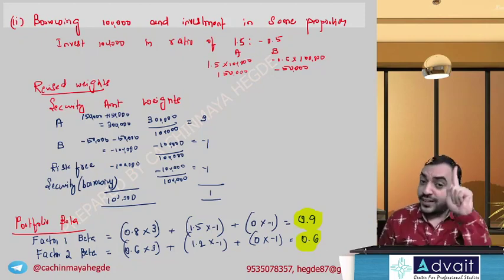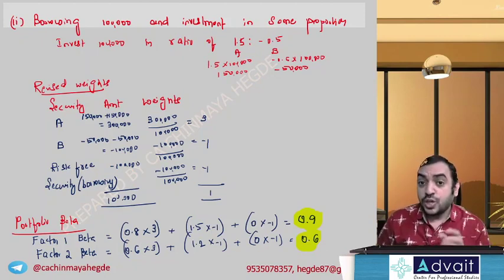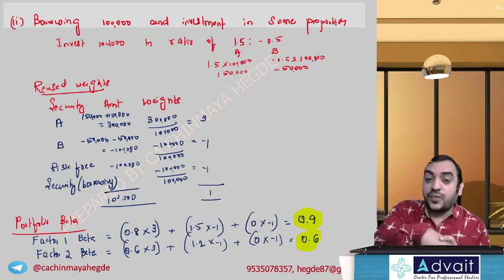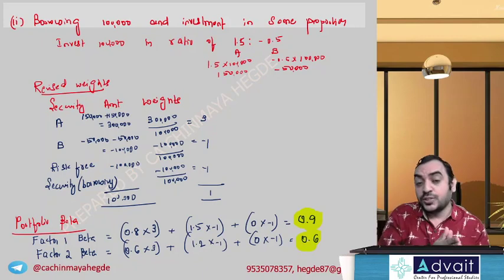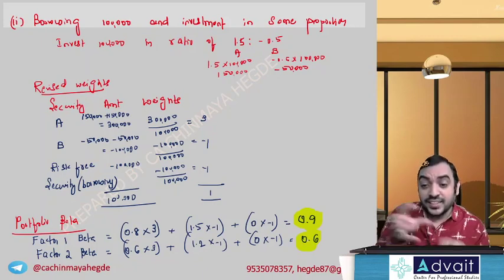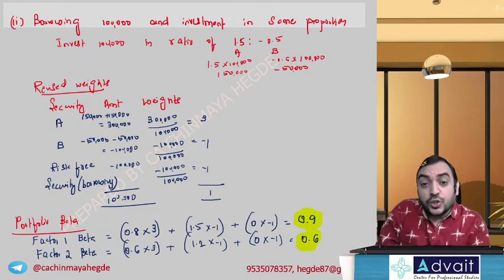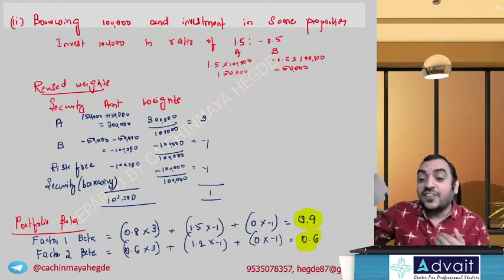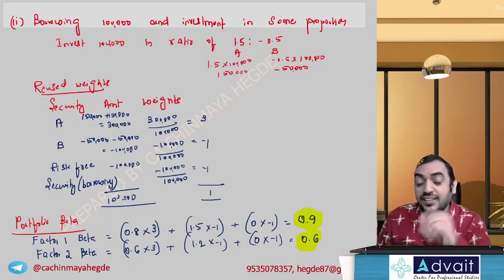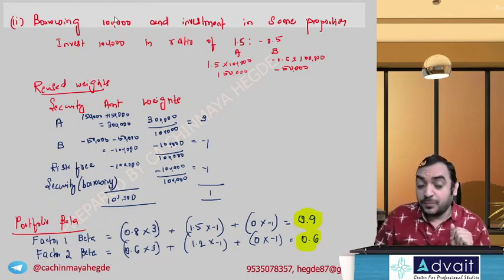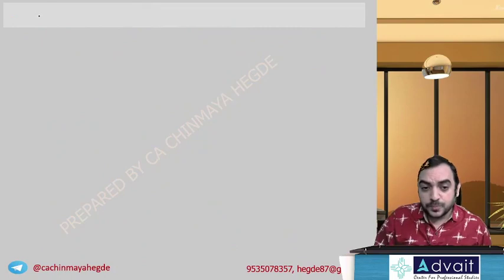We discussed during the basic stage also, if you bring in risk-free investment out of your money, beta will reduce. On the other hand, if you borrow money and invest, your risk will increase, beta will increase. Levered beta versus unlevered beta. Let's quickly compare.